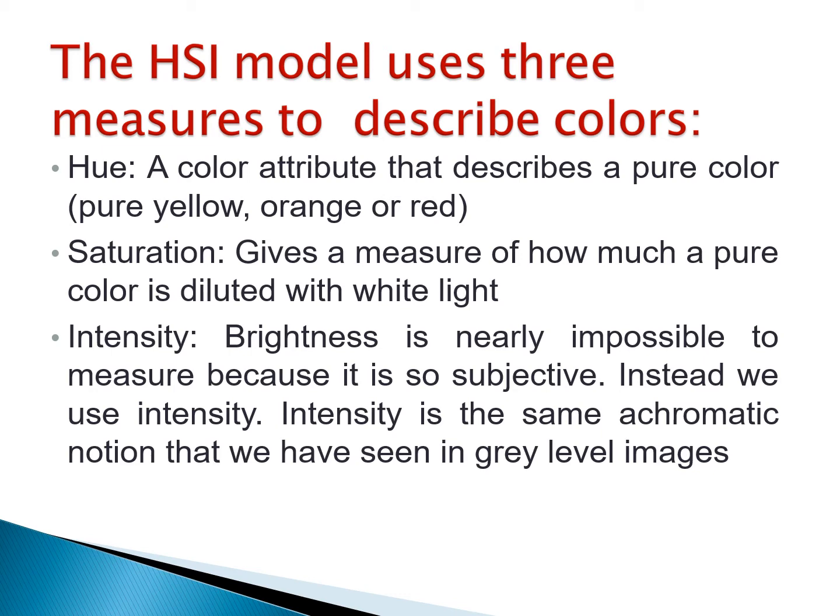And the intensity is the brightness, which is not possible to measure because it is very subjective. So we have some achromatic notions that tell us how to visualize these colors in gray level images.